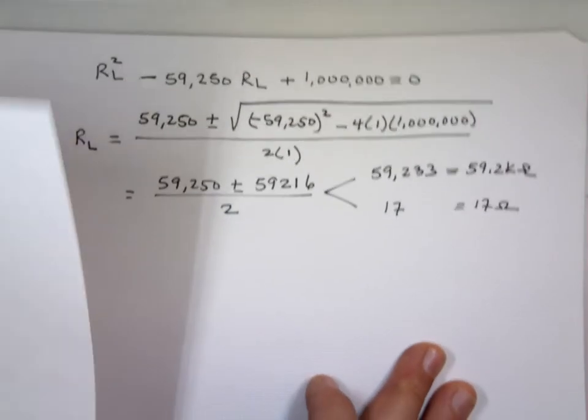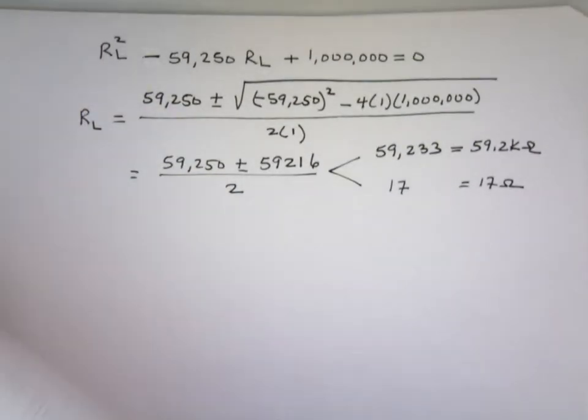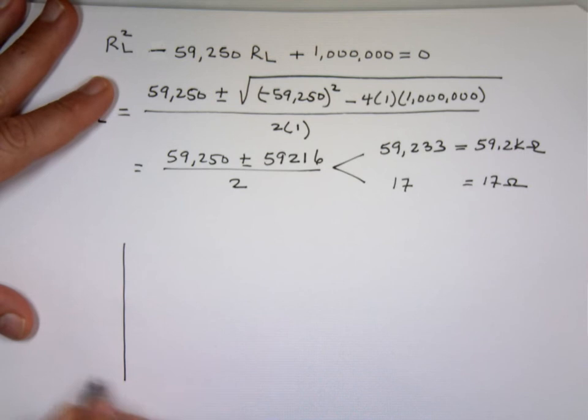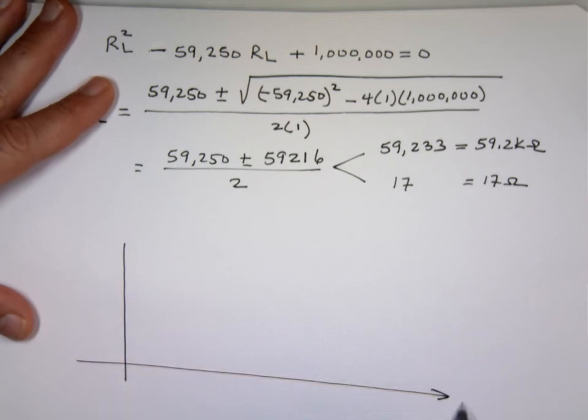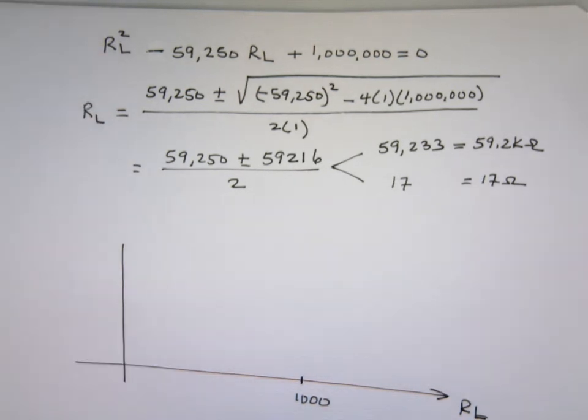The reason you're going to have two answers, if you monitor the power there as R changes, is what you're going to see. R load, there's the 1,000. Remember the maximum power we said at 1,000, and we calculated that power to be 306 milliwatts.